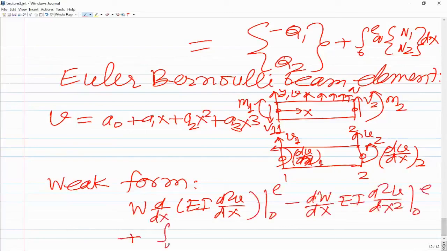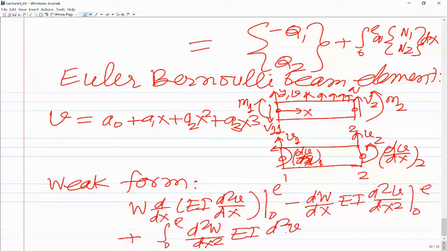Plus we have integration 0 to L of d2w by dx squared into EI into d2v by dx squared dx, and then you have minus integration 0 to L of w q dx.